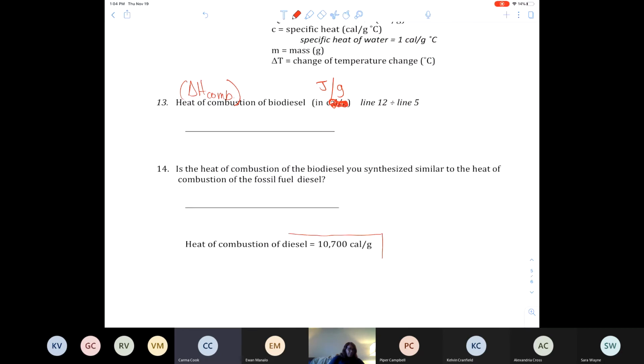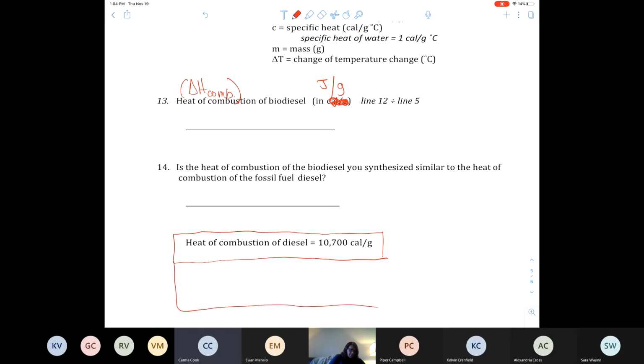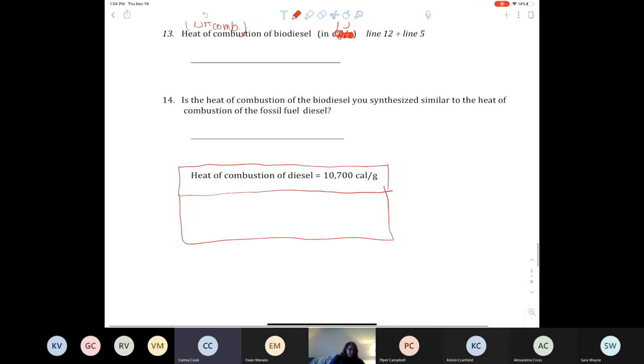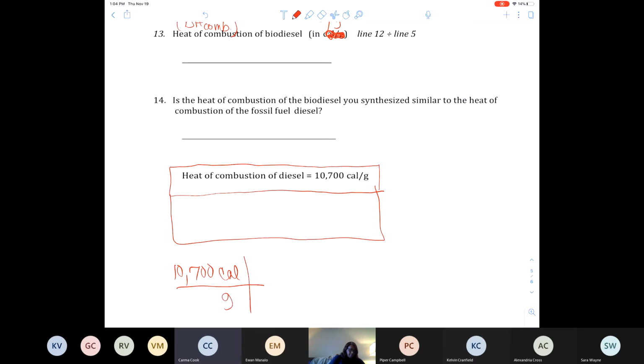And regular diesel fuel that comes from fossil fuels has a heat of combustion of 10,700 calories per gram. For every 1 calorie, there's 4.184 joules.